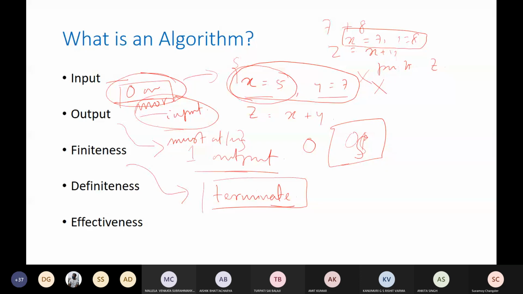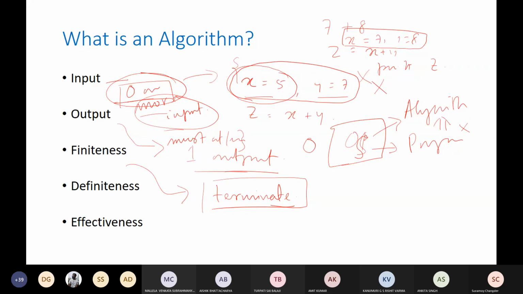So here lies the difference between an algorithm and a program. The operating system is not an algorithm, it is a program, and this program is based on some algorithm. So there is a difference between an algorithm and a program. A program may not terminate at all, but an algorithm must terminate after a finite number of iterations or time. A program is a collection of algorithms.